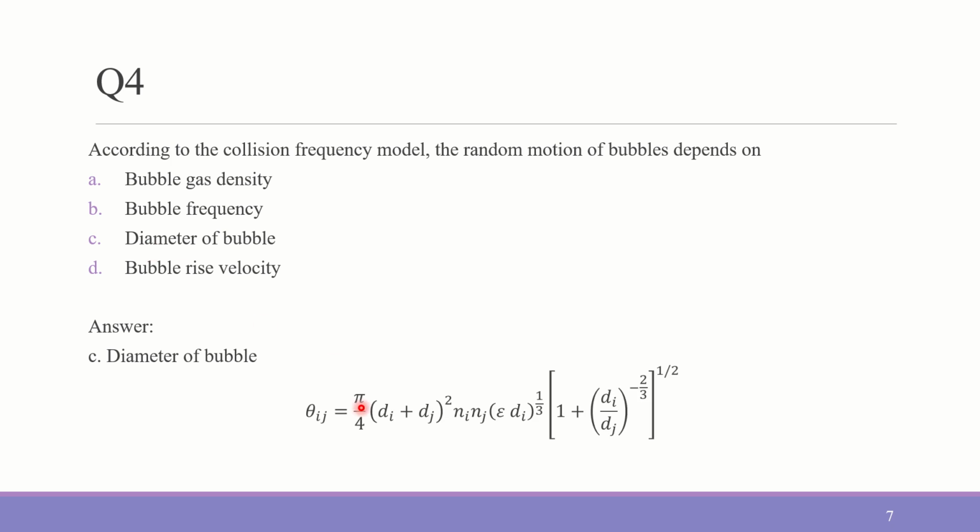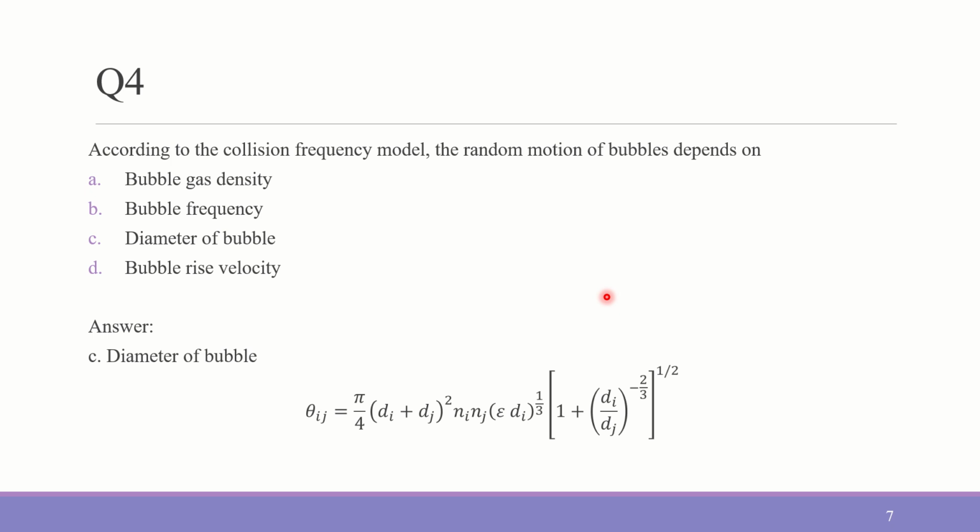The equation is theta ij, that is the collision frequency, is equal to pi by 4 (di plus dj) the whole square, ni nj into epsilon di power 1 by 3 into (1 plus di by dj) to the power of minus 2 by 3, to the whole power of 1 by 2. Here i and j refer to bubble 1 and 2.